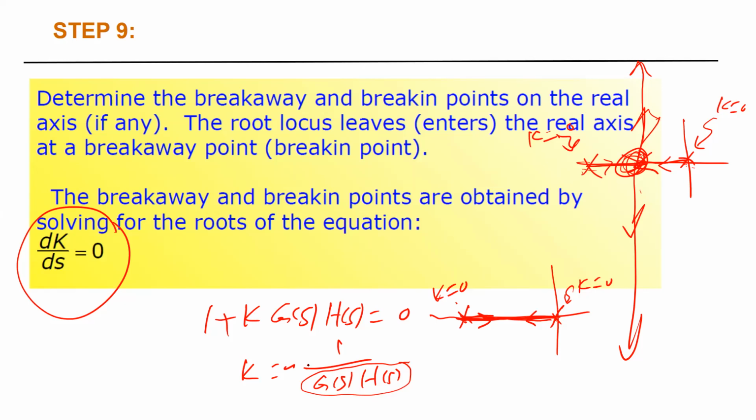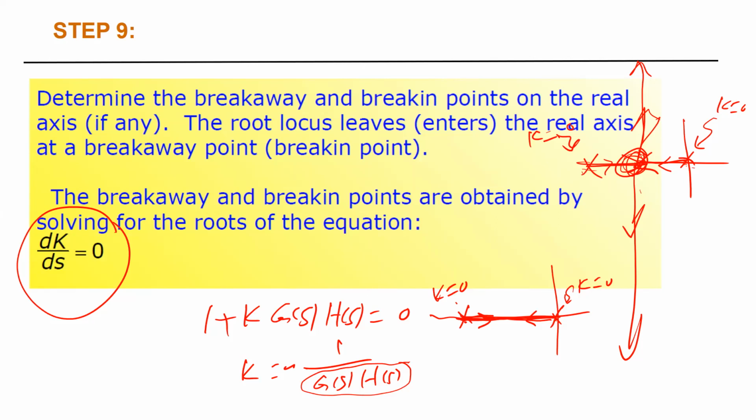At a pole there will be infinity. But the magnitude, what will be the magnitude? 1 over infinity, 0. You know what he is saying.